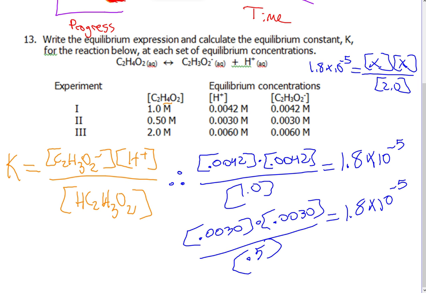So I cross-multiplied by 2, and I got 3.6 times 10 to the minus 5th is equal to x times x, also known as x squared. And then I took a square root of both sides, and I got the 0.006. So I rigged the data so I knew it would work, because I used the constant, and I set the bottom value as 2, so I could create something that would work okay on the top. Does that make sense? That's what's nice about equilibrium constants. That's why they're useful. If you know the constant, you can use the constant.